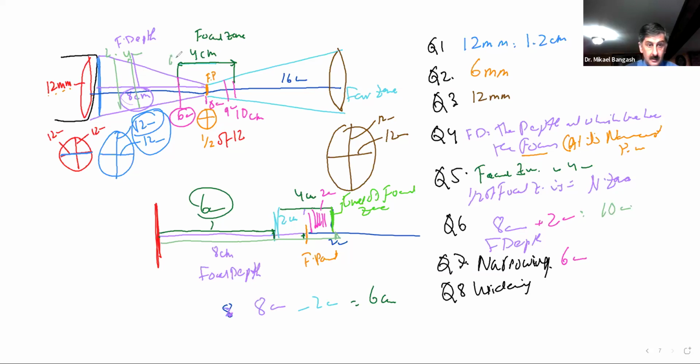We can say 6 centimeters, 8 centimeters, or 9.7 or 375 centimeters. So the depth at which the beam is widening is going to be this one here.